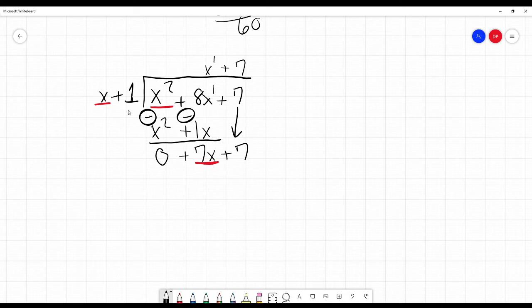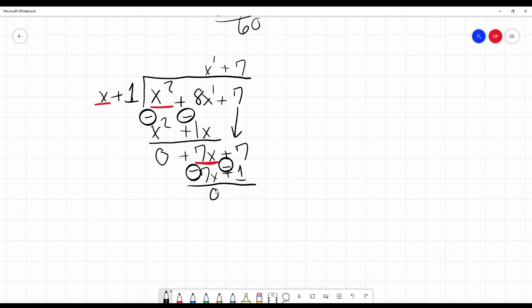Okay, and so now the division algorithm is we multiply 7 times x, 7 times 1. Okay, and again we subtract. So that means I change my signs because adding the negative is the same as subtracting. So adding the opposite sign. And so now we subtract.